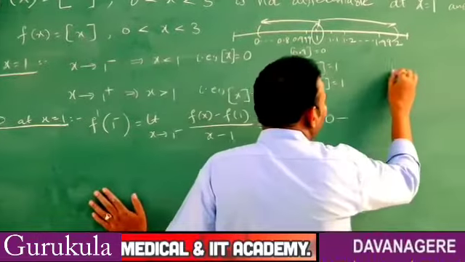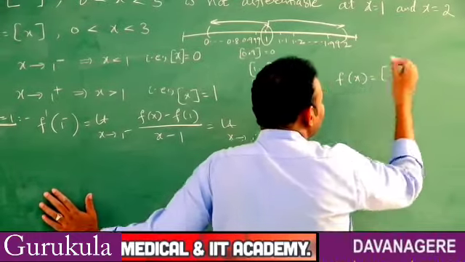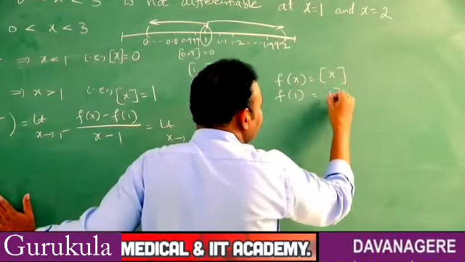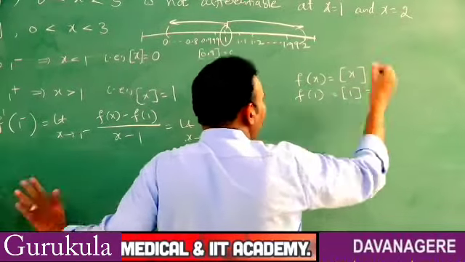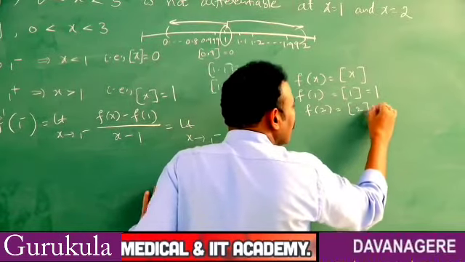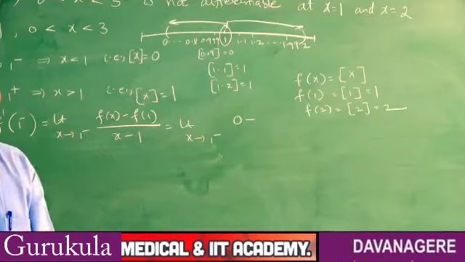Here f of x is always the step of x. The step function of 1 is 1. Suppose the step function of 2, value is 2 only. Integer means you will get integer only.